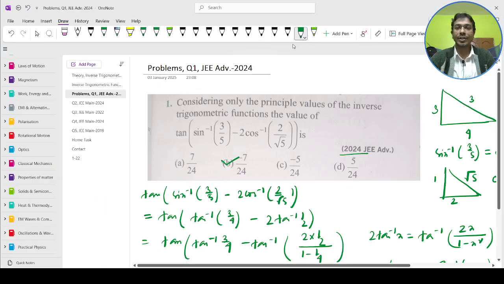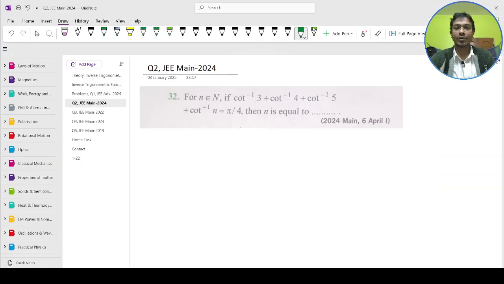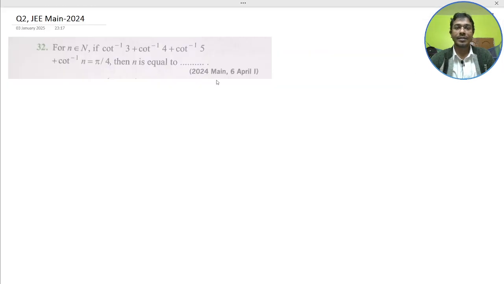Going ahead to our next problem, which is also a recent type of question from JEE Main 2024, a numerical answer type question. It says that for n belonging to natural numbers, if cot inverse 3 plus cot inverse 4 plus cot inverse 5 plus cot inverse n equals pi by 4, then what is the value of n?